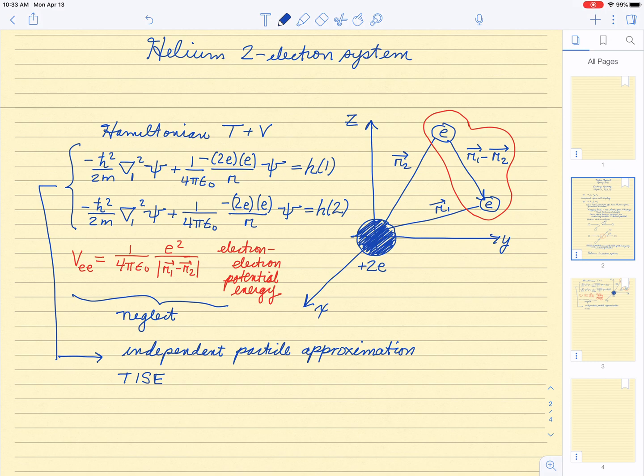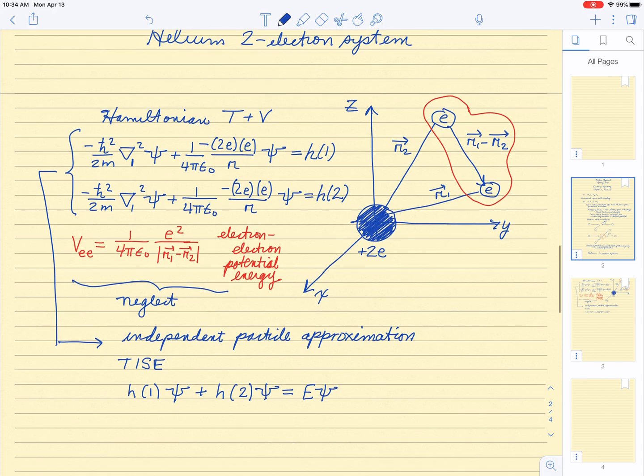So this is going to be H particle 1 operating on psi plus H particle 2 operating on psi, and that's going to be equal to E psi. And I've adopted the same notation as in your textbook, so you won't get confused in lecture as opposed to reading the text, which I hope you're doing.